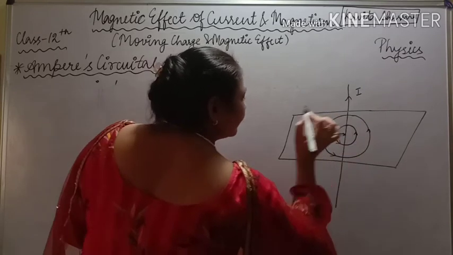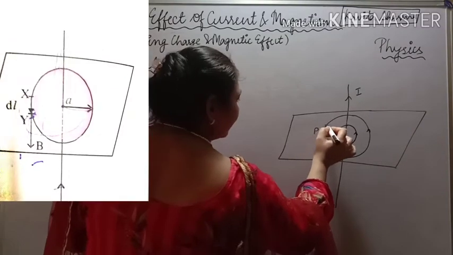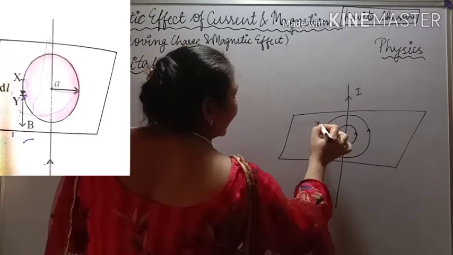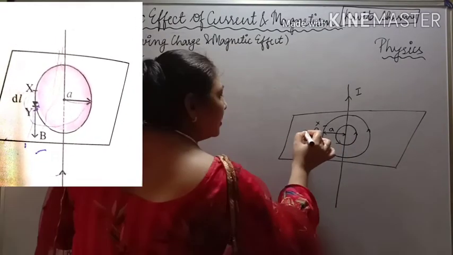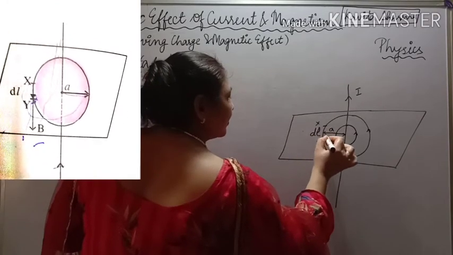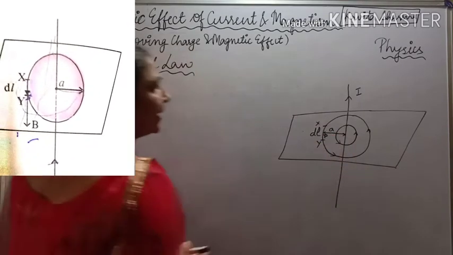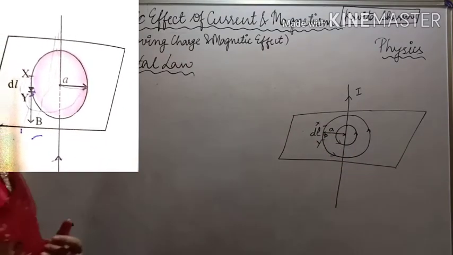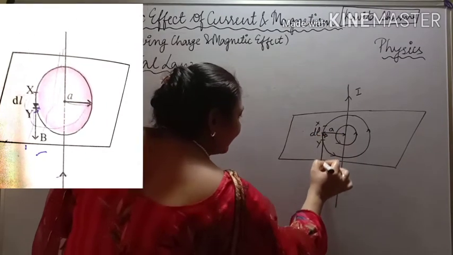Here we consider a current element of length dl. At the point P, the magnetic field has the same direction as dl.